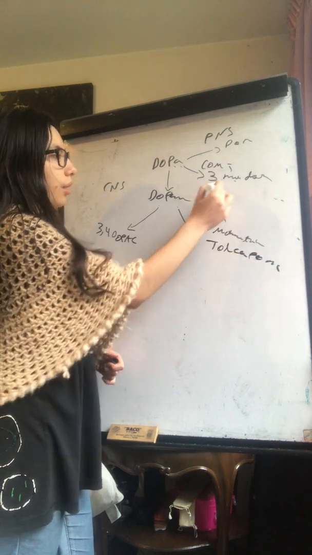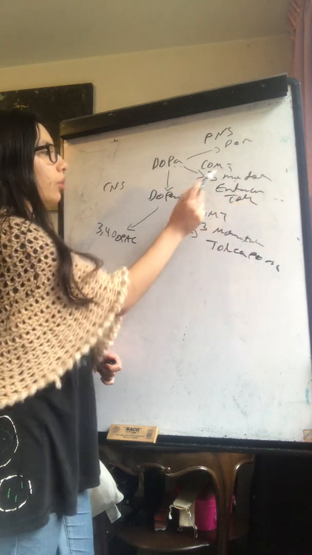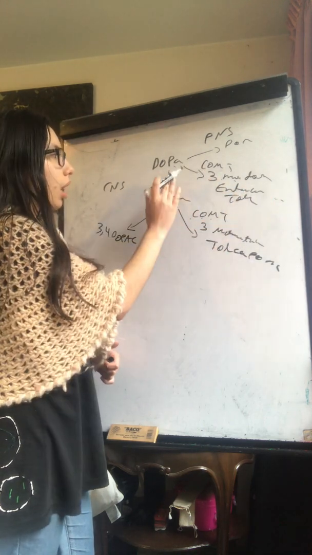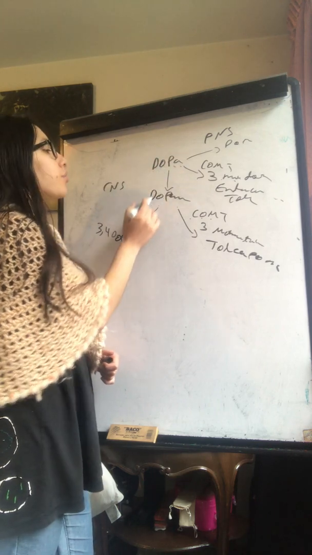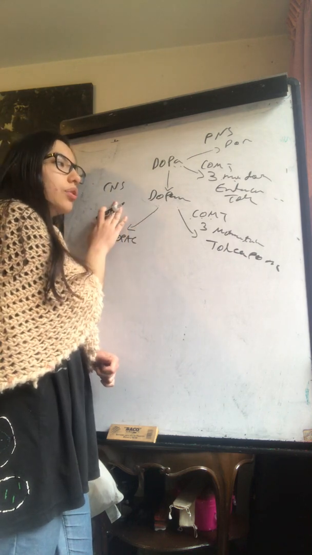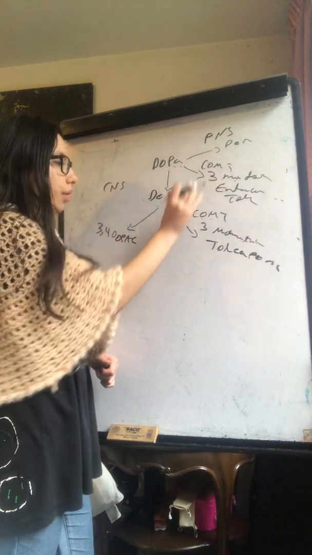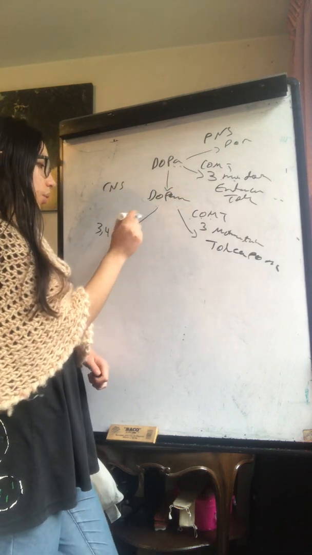Entacapone and tolcapone both will block the peripheral enzyme, and we will have higher concentrations of DOPA, and so higher levels of dopamine in the central nervous system by blocking this and this. Tolcapone blocks both.